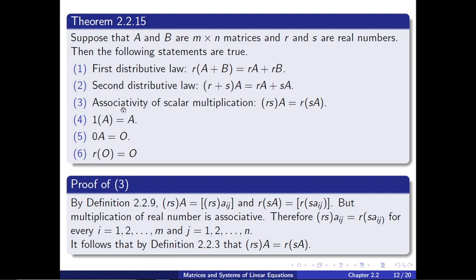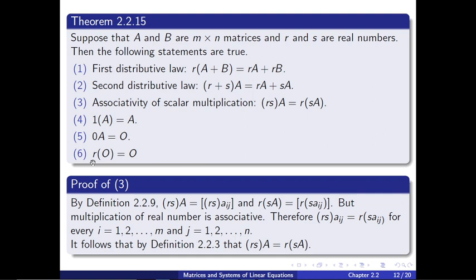And if you have got the multiplicative identity of real numbers, 1, then 1A will be equal to A. And if you also have the additive identity of real numbers, that's 0, so if you say 0 times A, you will get the additive identity of matrices.